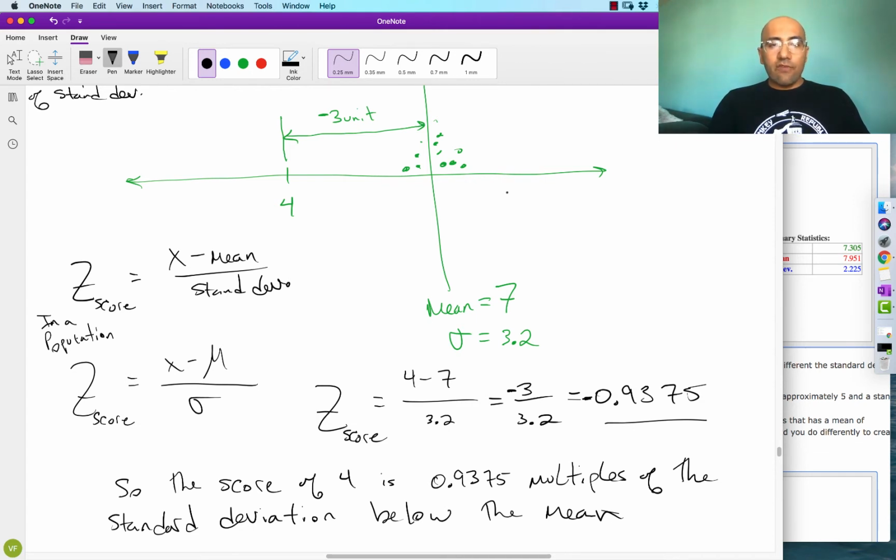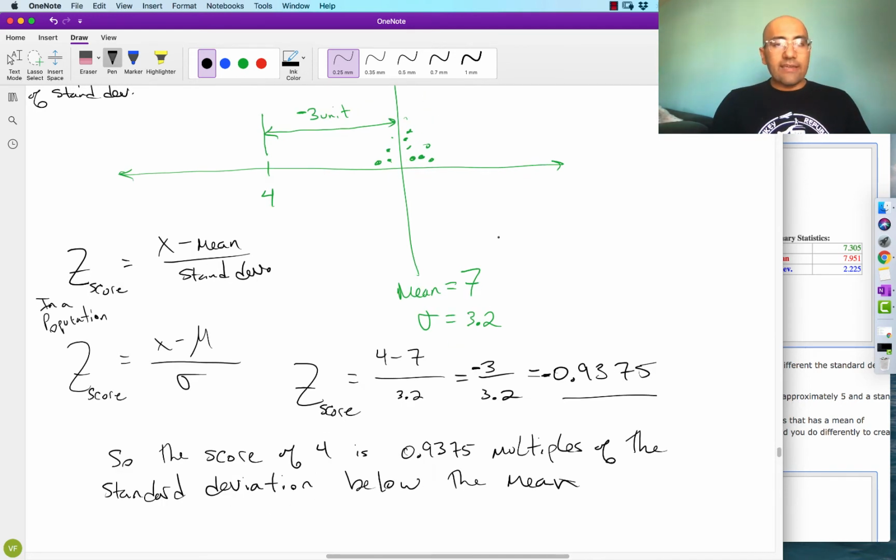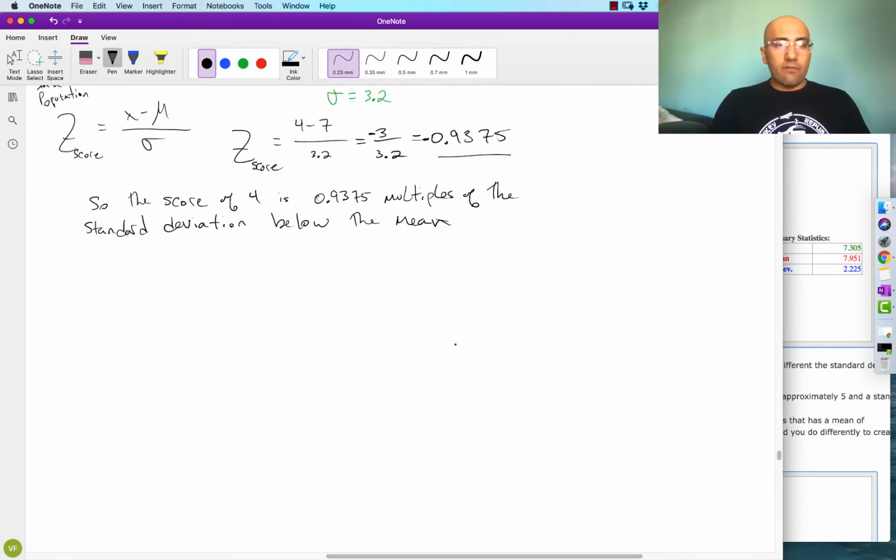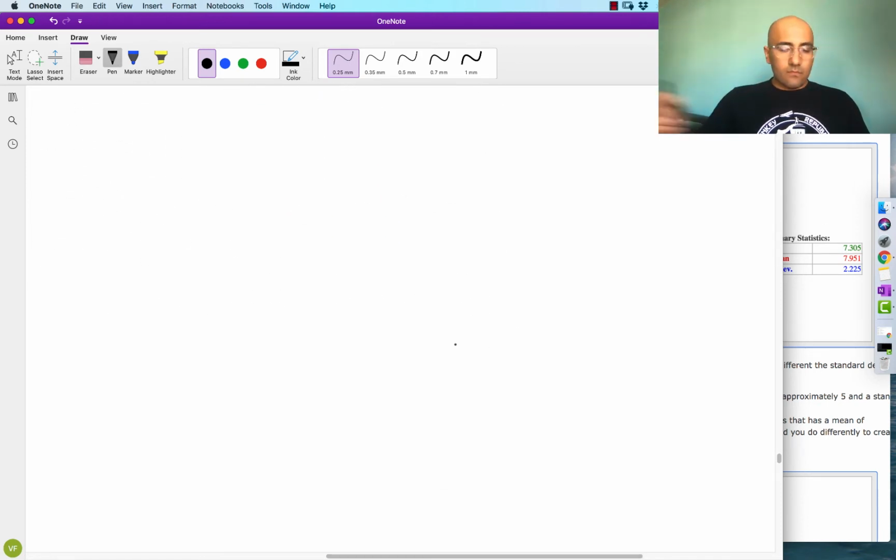But it's also very good to be able to compare it against other distributions. So what I mean by that is, what if I scored a, again, I scored a 4 in this IQ test, the ABC test. I scored a 4.